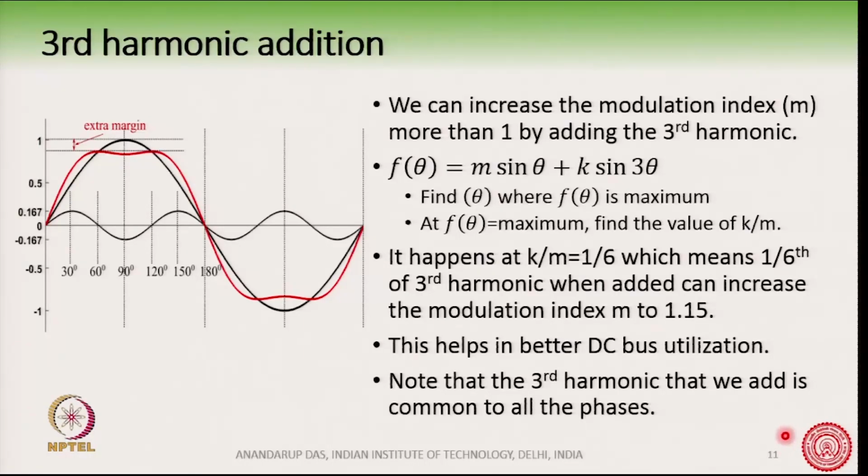So, the result is already written here, it will happen at k by m equal to 1 by 6, which means 1/6 of the fundamental is what we should add to increase the modulation index to 1.15. Again I must say that the third harmonic that we add is common to all the phases, it is a common mode voltage. Okay.